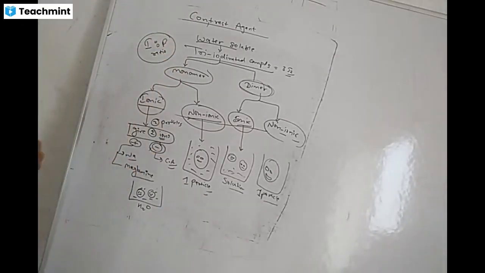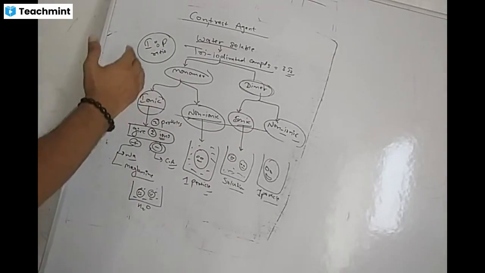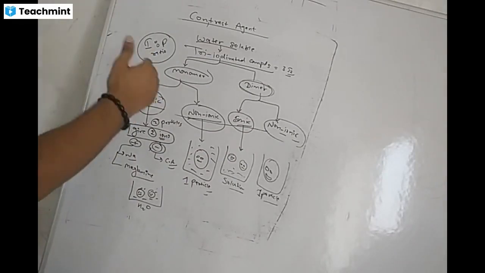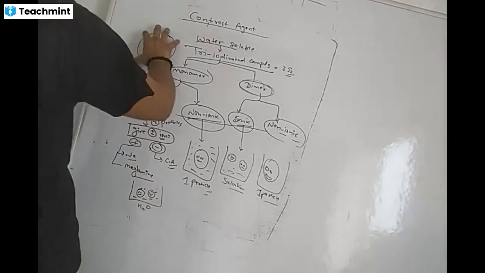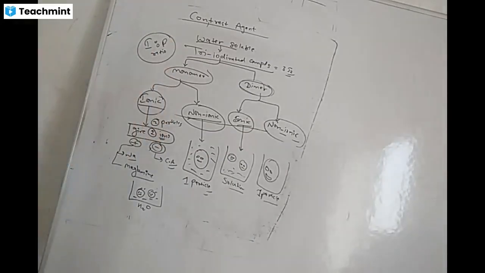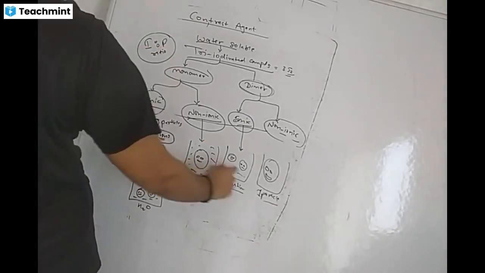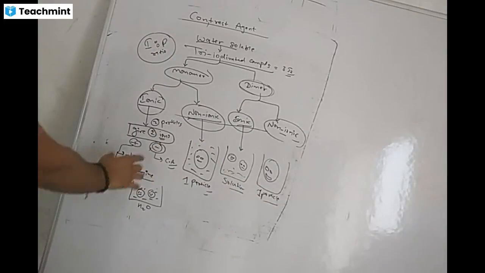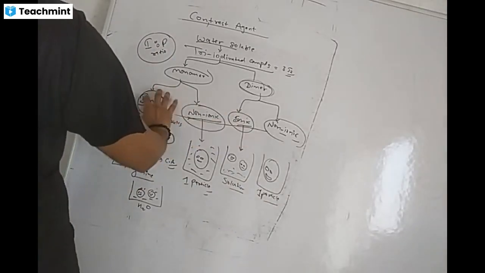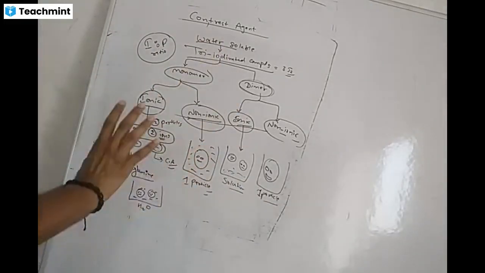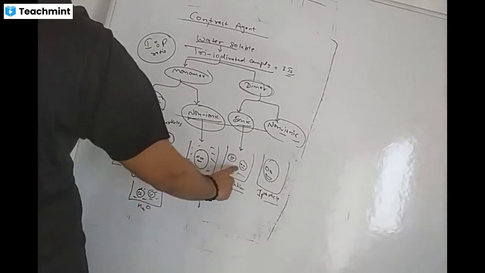The safety or toxicity of these contrast agents will be determined by the iodine particle ratio. Ionic means it will give you two particles.